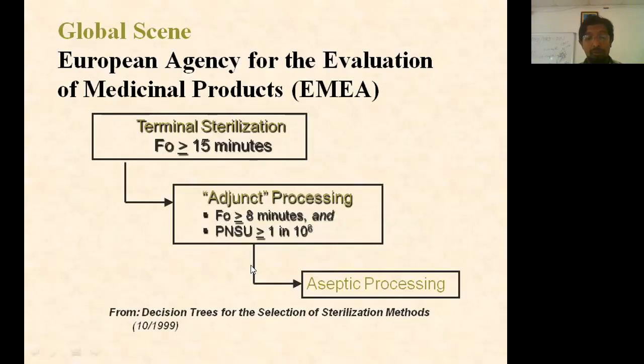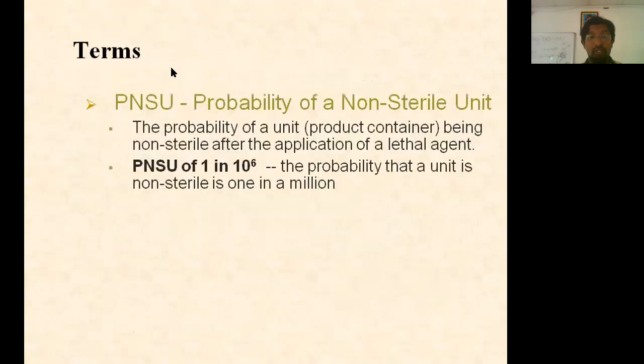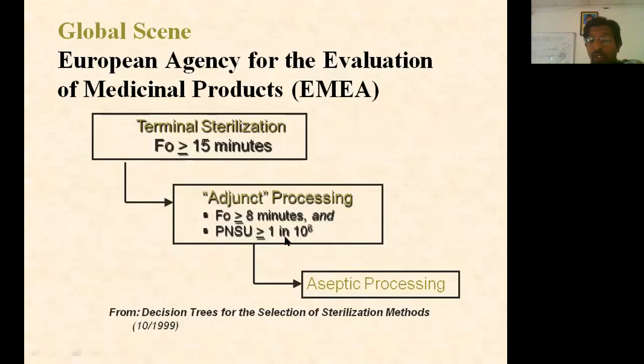Then you can see PNSU, probability of non-sterile units. So here, the probability of non-sterile units is more than 1%.